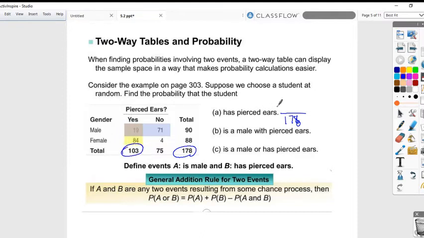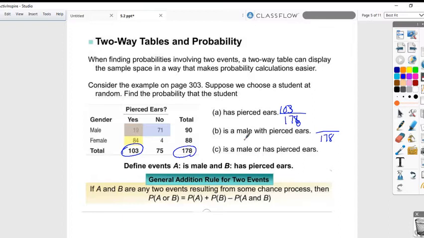Total pierced ears, 103. Now the next one we want to know is a male with pierced ears. The denominator is always the total of your chart unless you're doing those given problems, which we'll talk about in the next video. So unless it's a given, the denominator is always the total of everything you have.